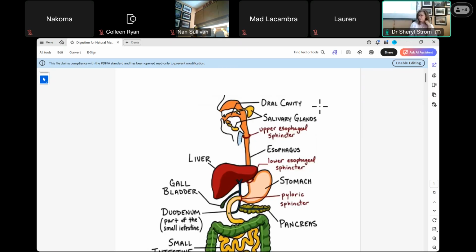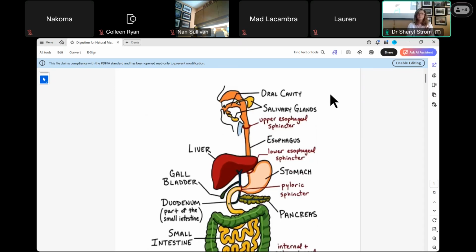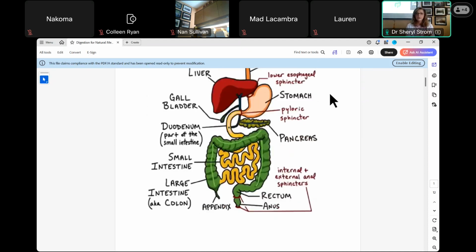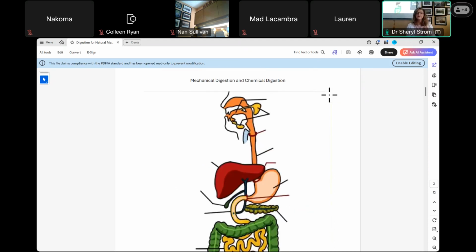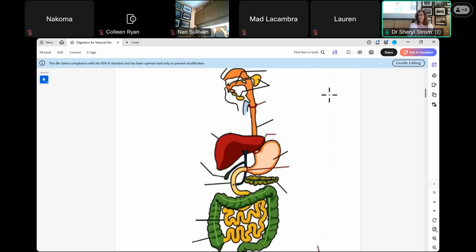And of course, if you find more information in your self-study resources, by all means, put it in there. So this first picture is, let's see, hold on. The second picture is for you to practice.